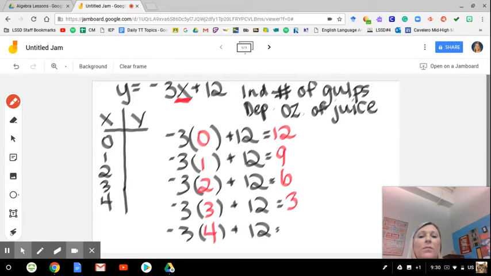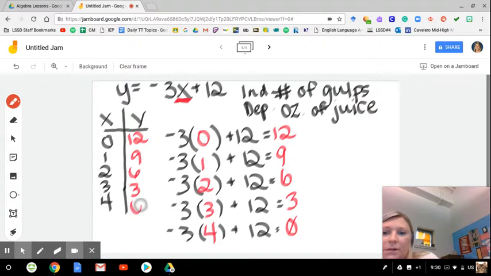And negative 3 times 4 plus 12 is negative 12 plus 12, which is 0. So I just got my outputs, my dependent variables, also known as my range. So I'm going to put them in my table so this table can look pretty. This is how you show your work.